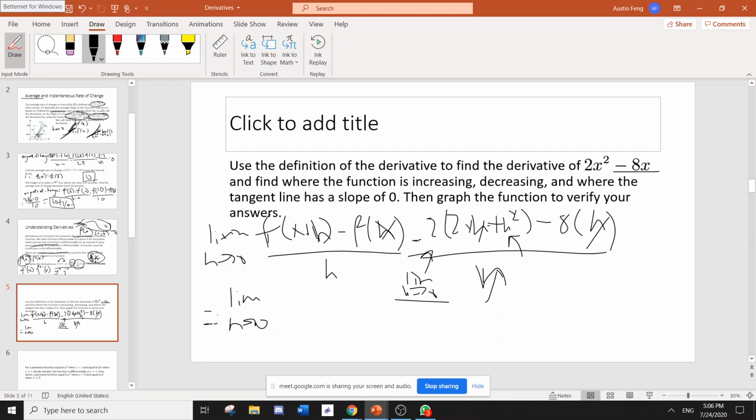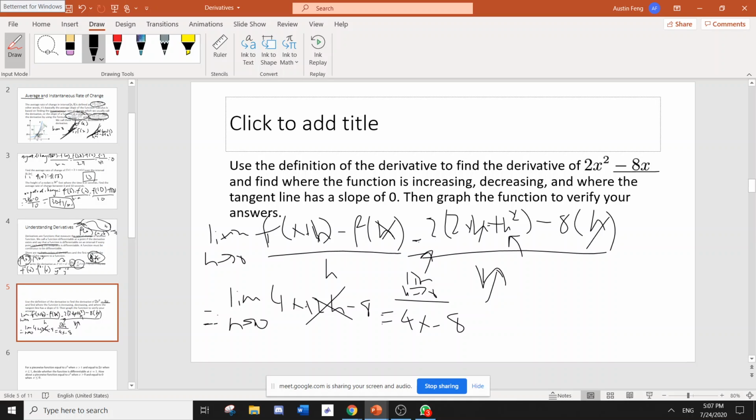So we get 4x plus 2h minus 8. Now we plug h in, and we get 4x minus 8, because we directly substitute h, which is 0, so 4x minus 8.